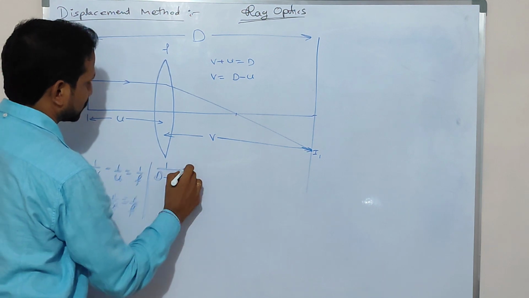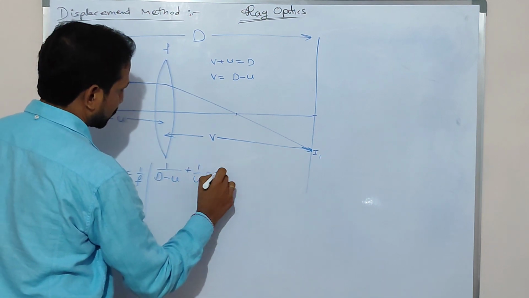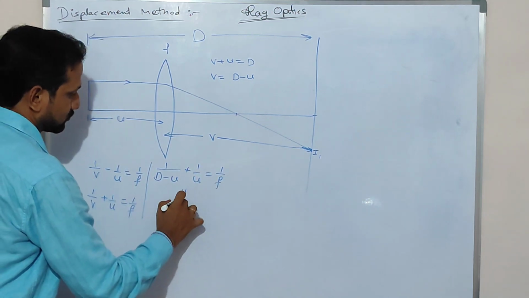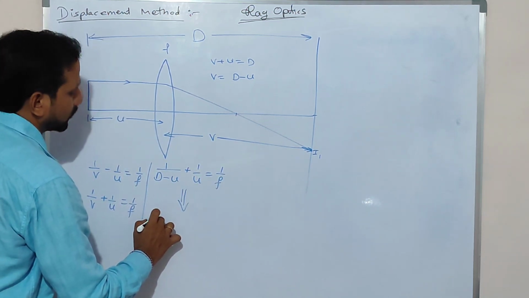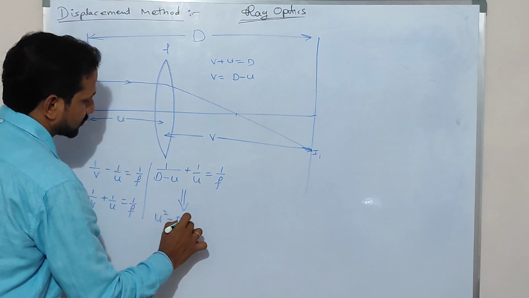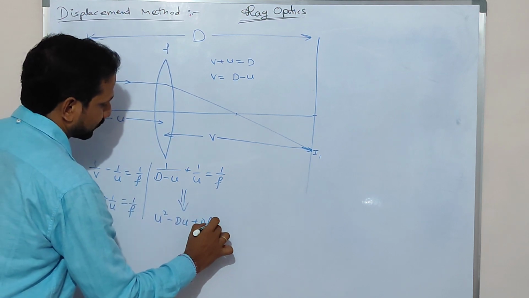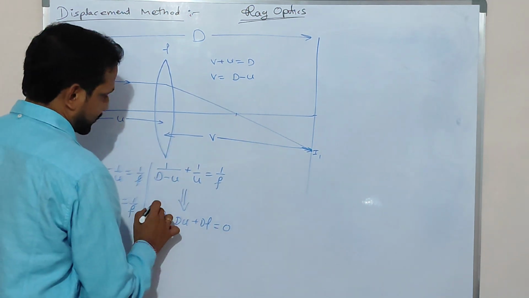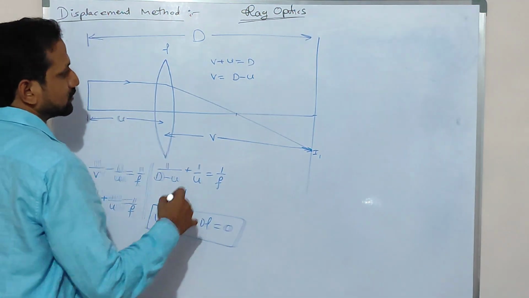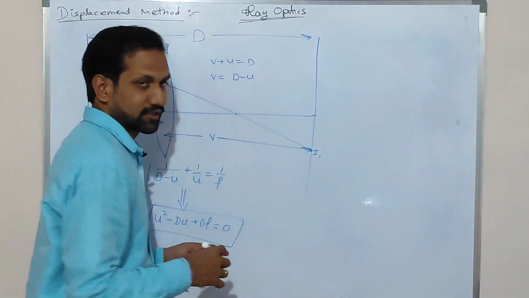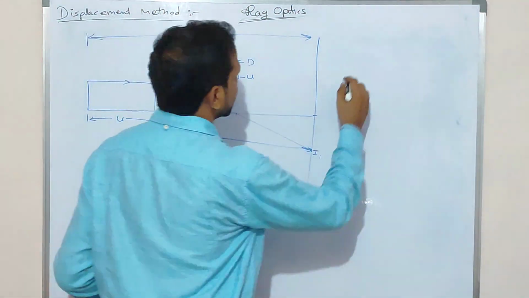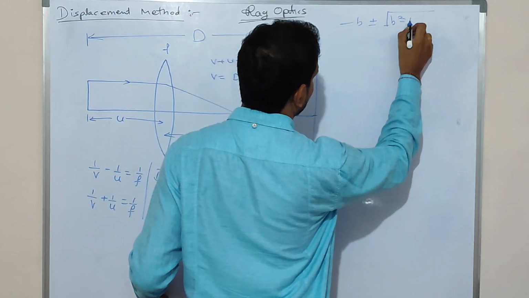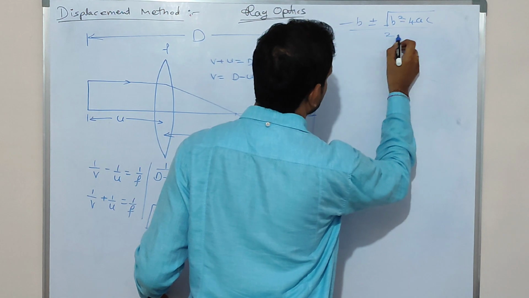So 1 by (d minus u) plus 1 by u equals 1 by f. Solving this, you will get an equation. That equation is u square minus du plus df equals 0. So this is the important equation. The solutions of this equation will be calculated by the discriminant method, that is minus b plus or minus under root of b square minus 4ac, by 2a.